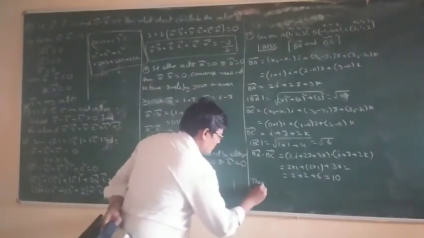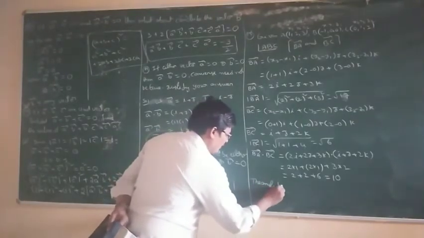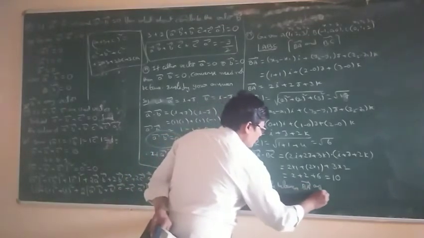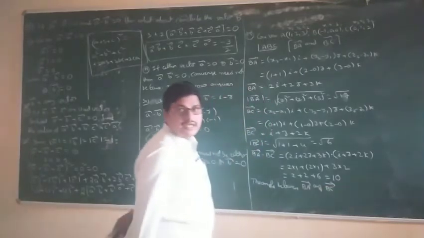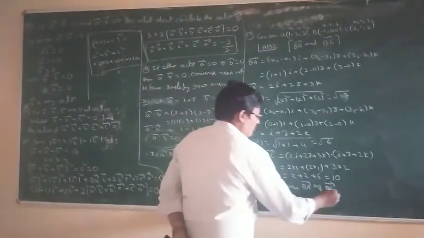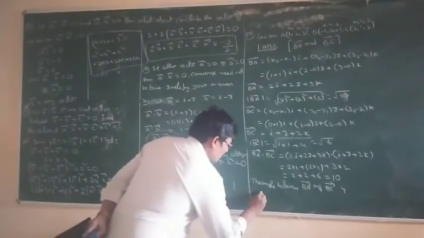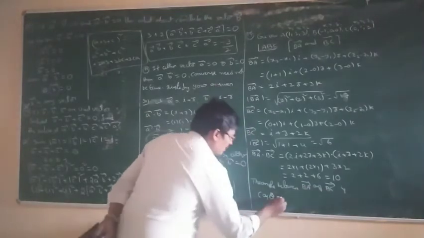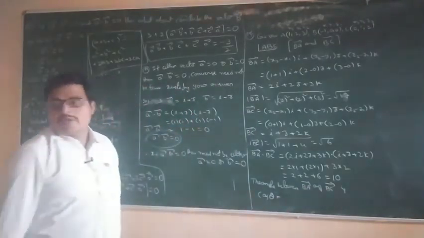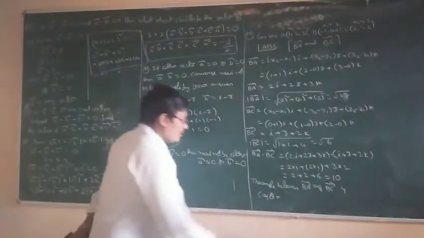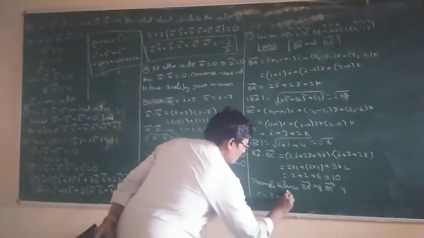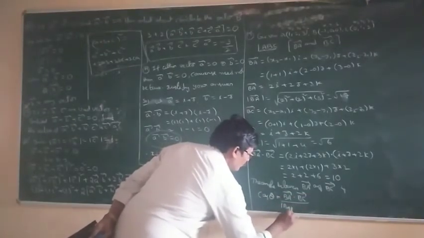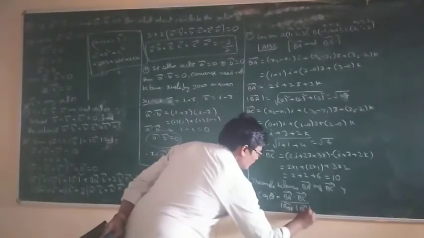So the angle between BA bar and BC bar: cos theta formula is A bar dot B bar by mod A bar into mod B bar. So BA bar dot BC bar by mod BA bar into mod BC bar.